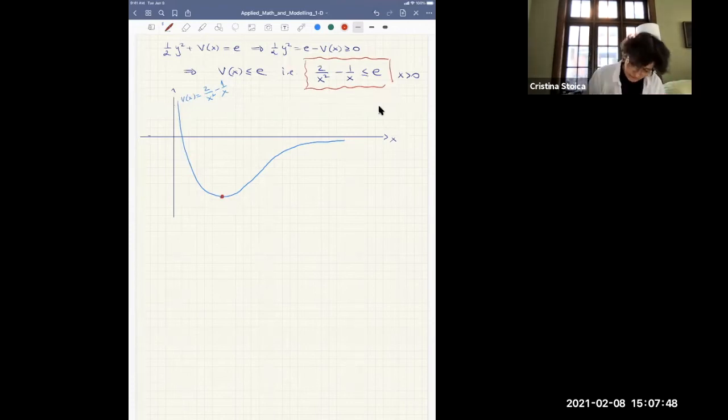So this baby here has coordinates x is 4. So I'm going to call it x min is 4. And this is the minimum value of V, which is minus 3 over 8 for this example. Okay, so happy.